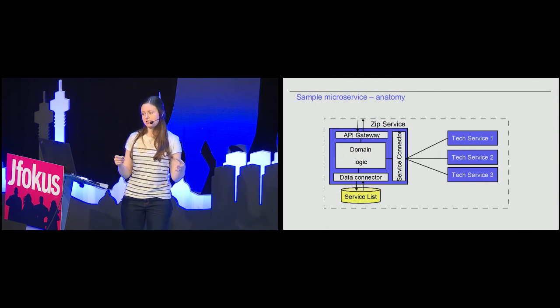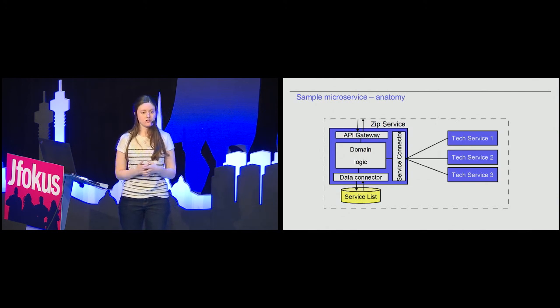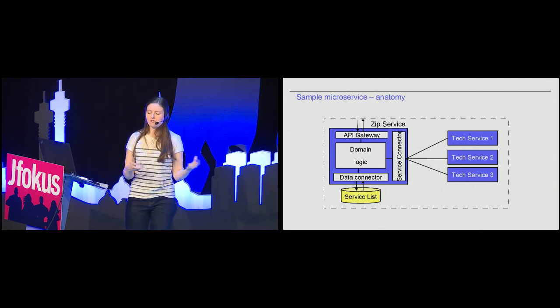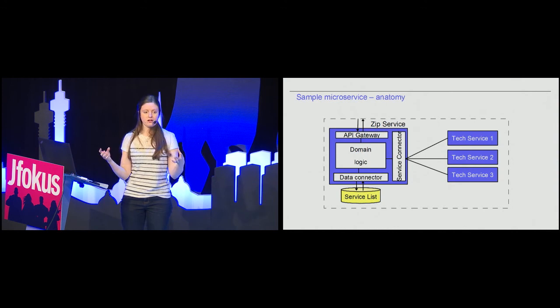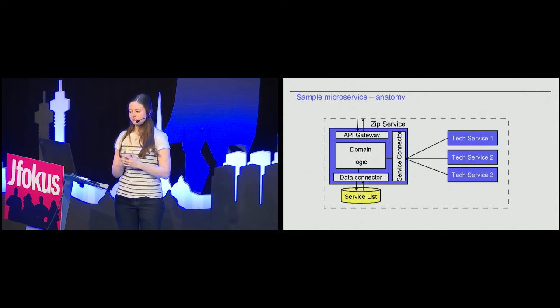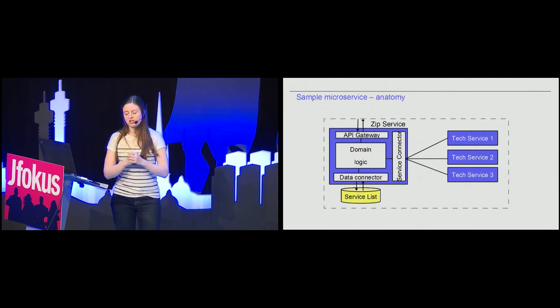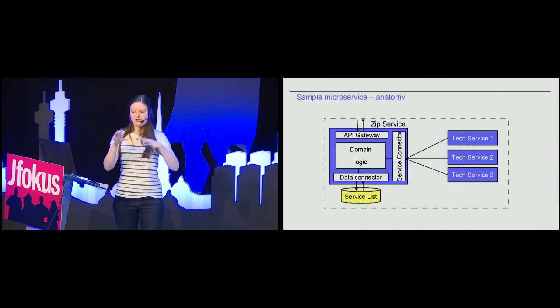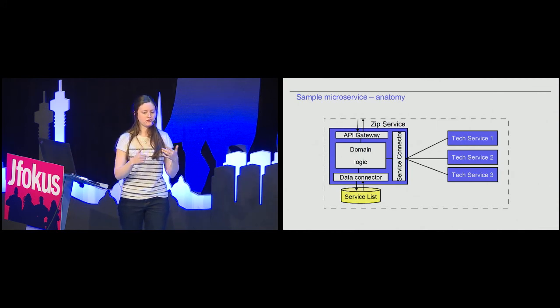And in this case, the database is holding a list of the services that are available. So this could be your service registry. For our application at the moment, we have a list in a database that we update when the services come and go. And the service connector, which is the piece that's calling out to the individual tech services. And hopefully you'll see why I've broken it down in this way as we go through the different testing strategies.